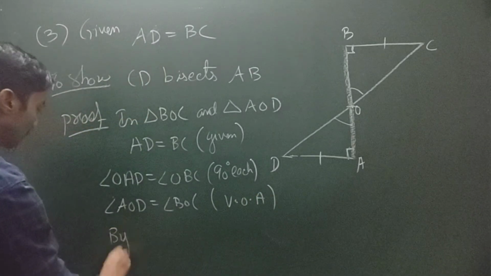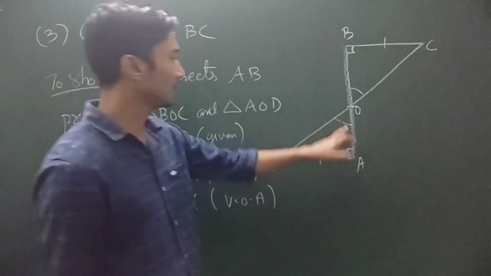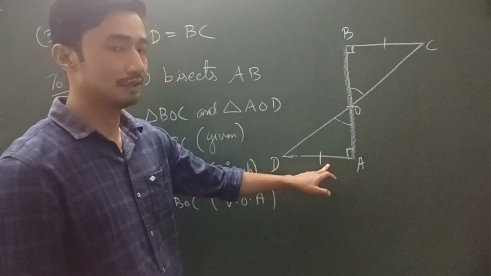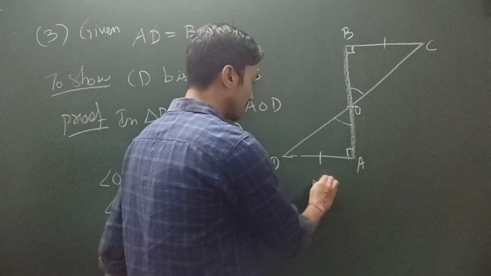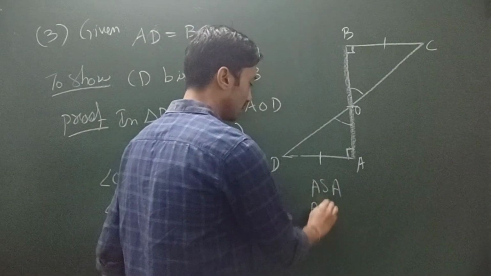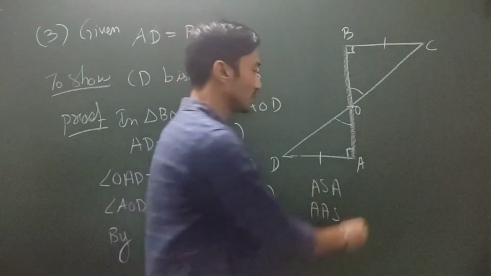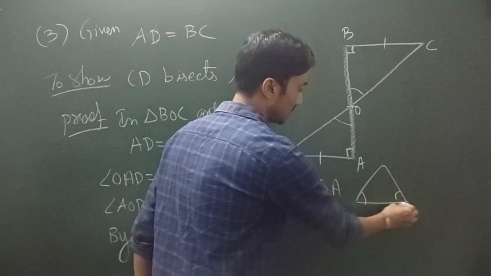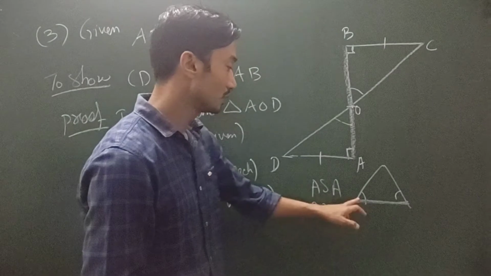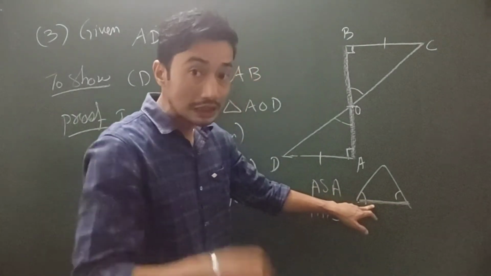So by what criteria here? We have here angle, side. Because the side is not this one, we cannot write angle, side, angle. We had two criteria: angle, side, angle, and the other one, angle, angle, side. Angle, side, angle is used when two angles are involved and the side contains both the angles.